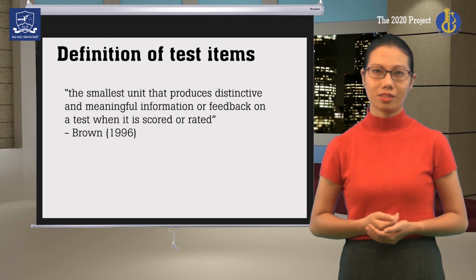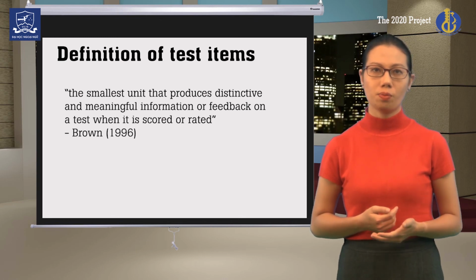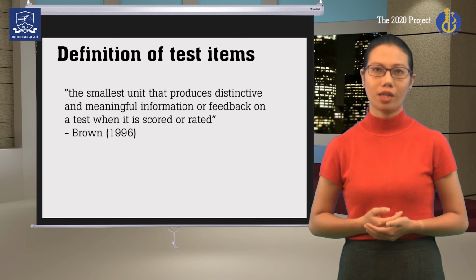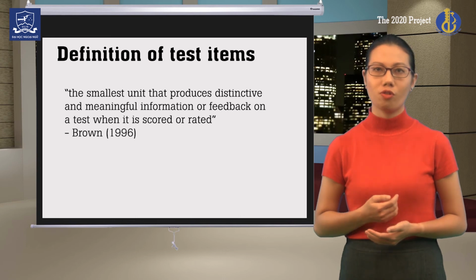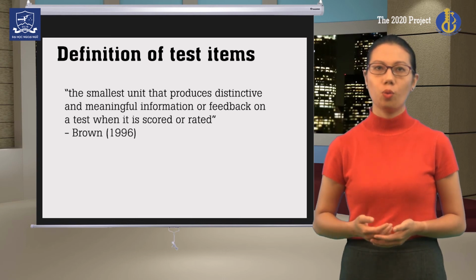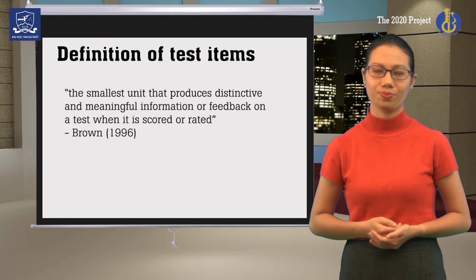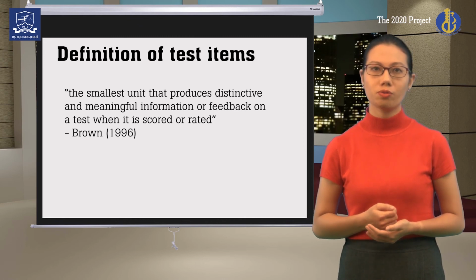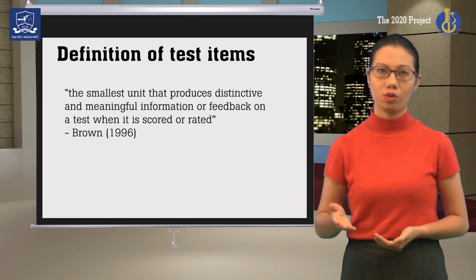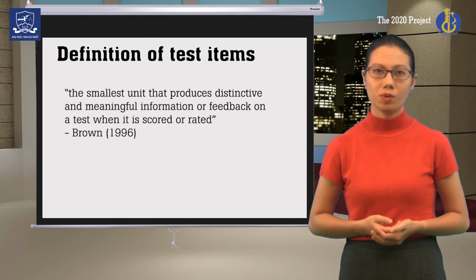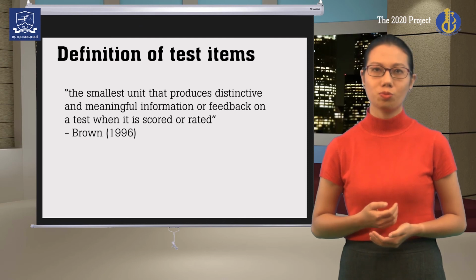Brown 1996 defines the term item very broadly as the smallest unit that produces distinctive and meaningful information or feedback on a test when it is scored or rated. This definition will be general enough to work for every type of language test from multiple choice to portfolio, yet specific enough to also prove useful.